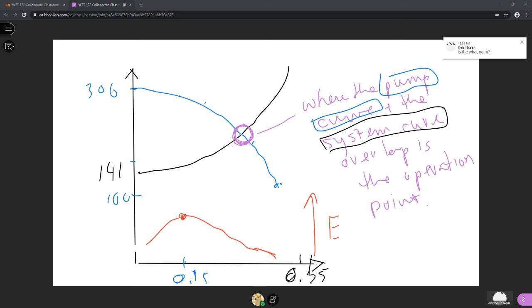Operation point. So that is where your pump is going to want to operate. And the idea is that you want your operation point and your best efficiency point to be very close together.